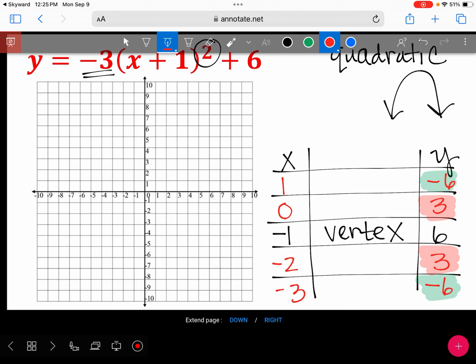So let's go ahead and graph it out. So 1, down 6, 0, 3, and then -1, +6, and then we come back down.